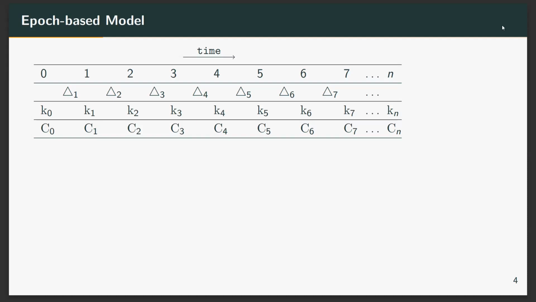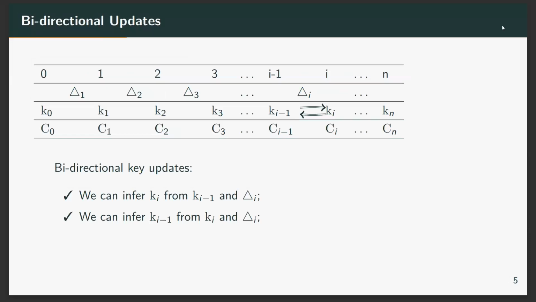To capture this a bit more formally, we consider the epoch model. Let's consider this is the timeline: 1, 2, 3. This is the time, delta means the update tokens, K is the key, and C is the corresponding ciphertext of the same message. There are different update directions.